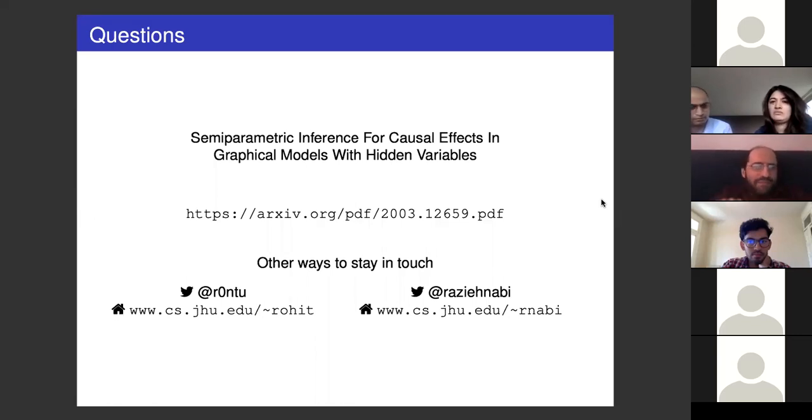You get some flexibility because you can use flexible models to have a product bias that converges to the truth at root n. Other than that, we don't have anything that links it to the size of the graph.